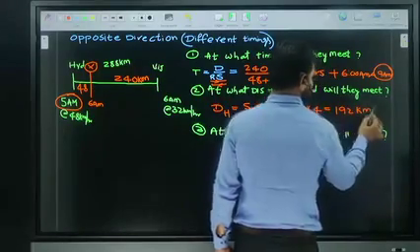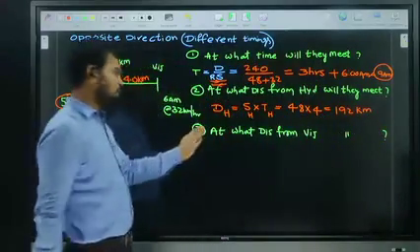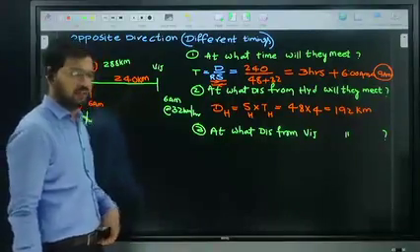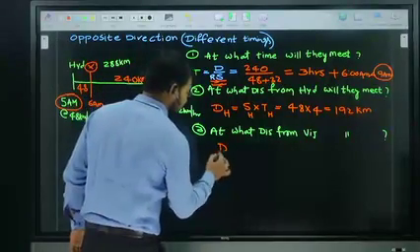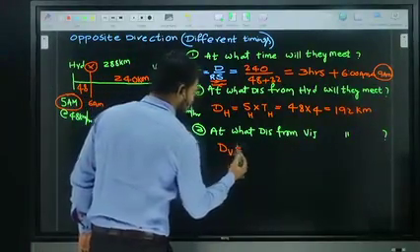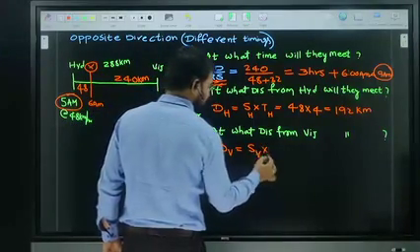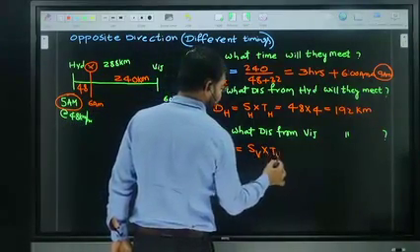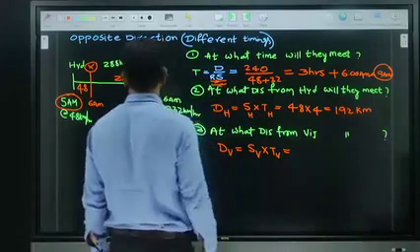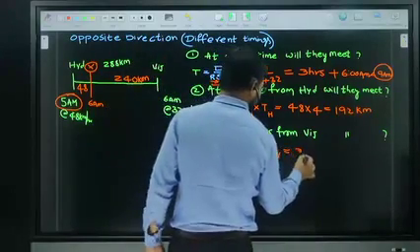Coming to the third question: at what distance from Vijayawada? They're asking distance from Vijayawada. Distance from Vijayawada is the speed of Vijayawada train into time of Vijayawada train. Speed of Vijayawada train is 32. How many hours?